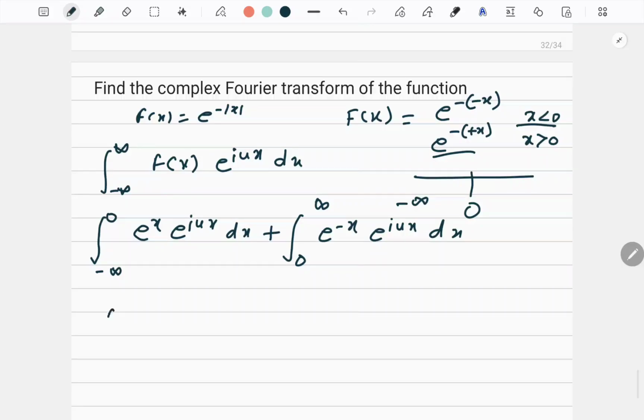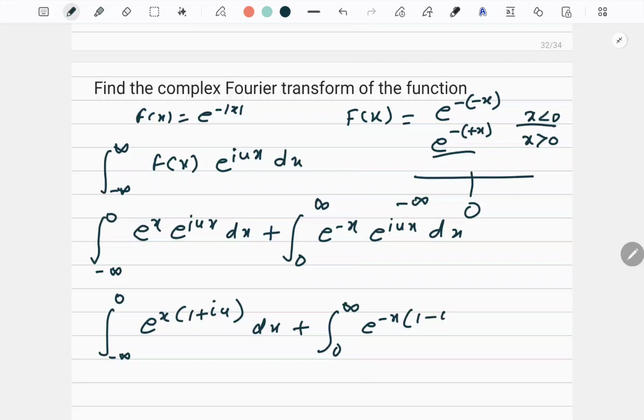Now, minus infinity to 0, e to the power x(1 plus iu), plus 0 to infinity, e to the power minus x(1 minus iu) dx. Always remember, e to the power 0 is 1, e to the power infinity is not defined, and e to the power minus infinity is 0. So always try to avoid this condition and try to have negative in the exponential so that putting the limit will be easy.